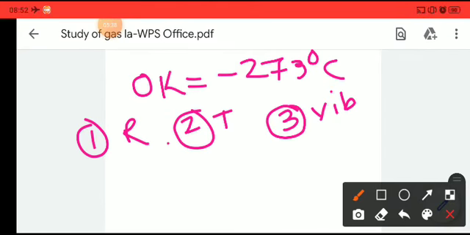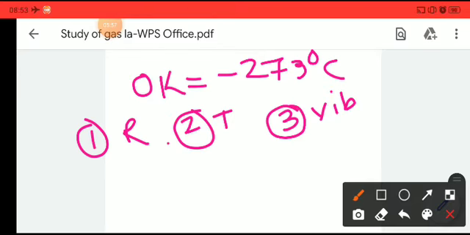That means at this very low temperature, rotational energy, translational energy, and vibrational energy do not exist, because the molecule at this very low temperature cannot rotate, cannot translate, and ceases to vibrate.